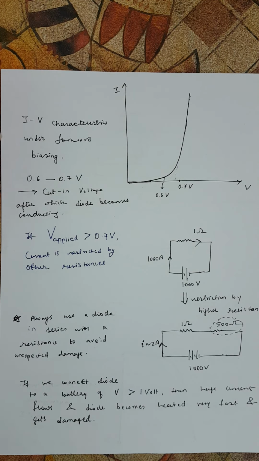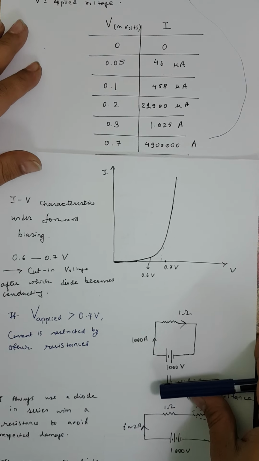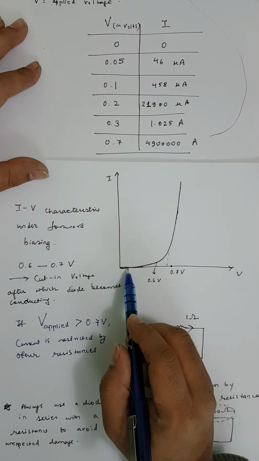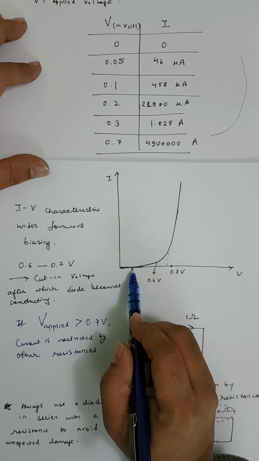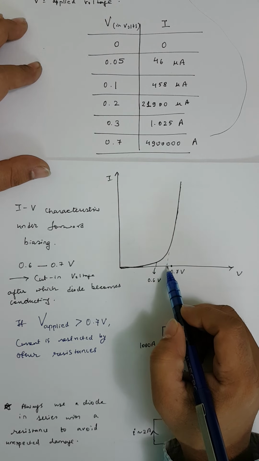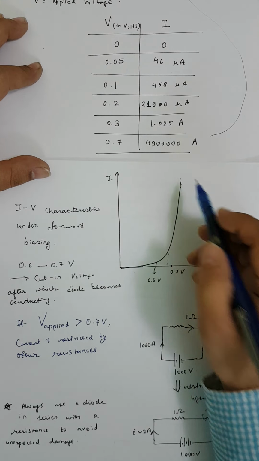So if we plot here the IV characteristics of the diode in the forward biased, initially we get a very small current. For very small voltages like 0.05 or 0.1, the current is in the microampere region, whereas when we make it almost up till 0.7 volt, the current becomes extremely high.